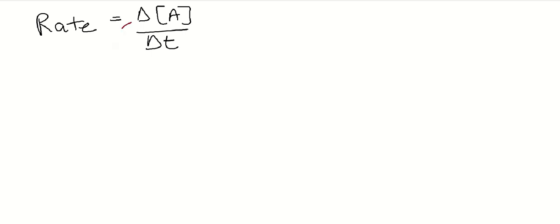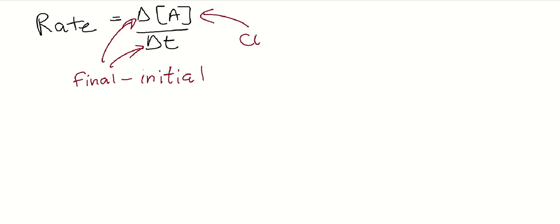Right, so these delta symbols are Greek symbols. They're just final conditions minus initial, right? Or the second reading minus the first reading. Okay, and this bracket here means concentration. Right, and in this lesson, it's going to be about reactants, and pretty much the only form of concentration we'll use, at least right now, is molarity.